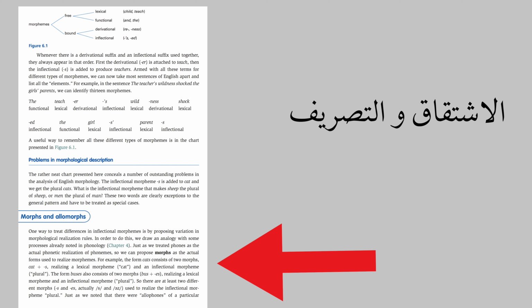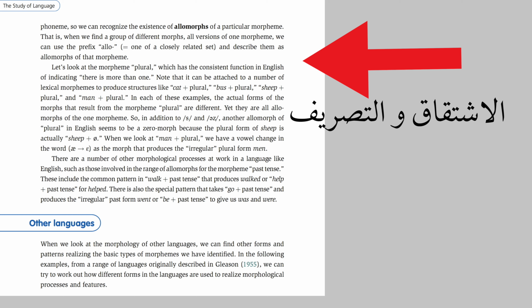So there are at least two different morphs, s and es, used to realize the inflectional morpheme, plural. Just as we noted that there are allophones of a particular phone, we can also recognize the existence of allomorphs of a particular morpheme. This is when we find a group of different morphs, all versions of one morpheme.